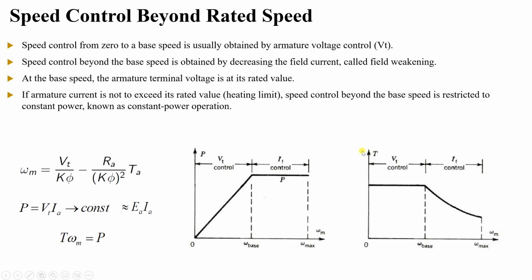Because if I would like to keep torque constant, I have to increase the current in order to give the same torque, or increase the armature terminal voltage. That's why, since our power is constant, the torque will decrease with the speed increase in the field weakening region. You can also think of this as follows: omega increases, torque decreases, from this equation.